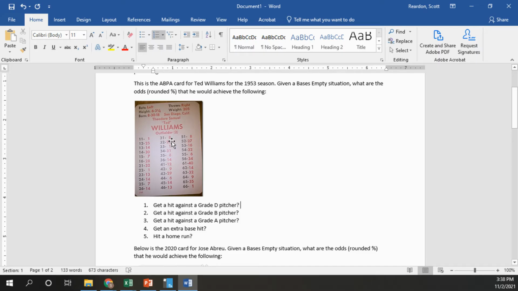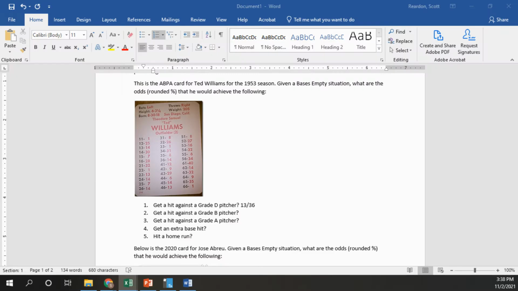Starting with 31, 5, 33, 6, 35, 7, 42, 8, 44, 9, 51, 10, 55, 11, 64, 12, and 66, 13. He's got 13 hit possibilities out of 36. So he has a 13 out of 36 possibility.